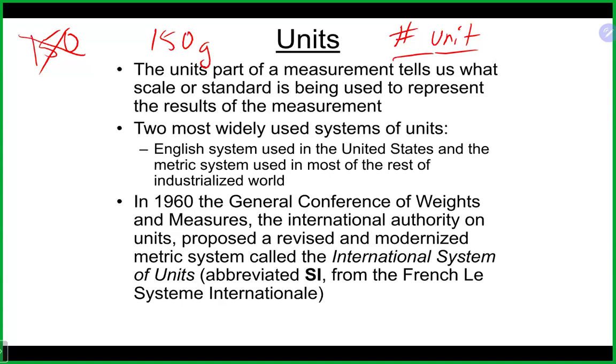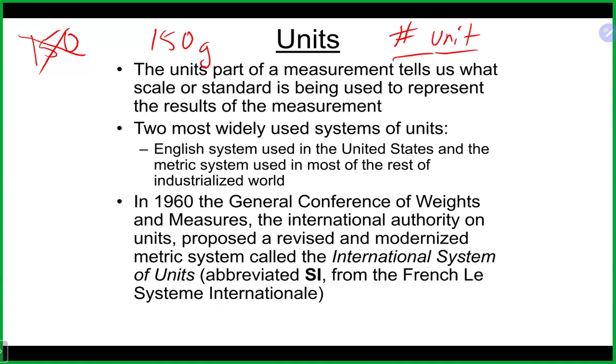There are two widely used systems of units. There's the English system, or sometimes referred to as the US system, which we use here in the United States. And then pretty much everybody else uses the metric system around the world. As you can imagine, when the world got smaller and people are interacting with each other in different countries, that could create a problem if we're doing inches here and maybe somebody's doing centimeters somewhere else.